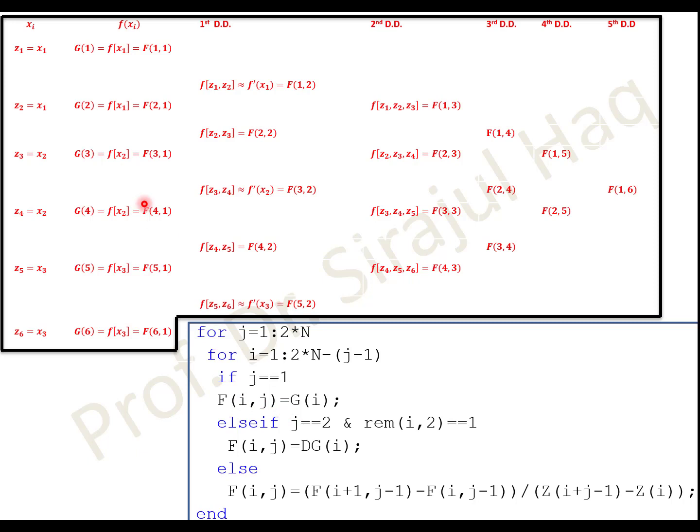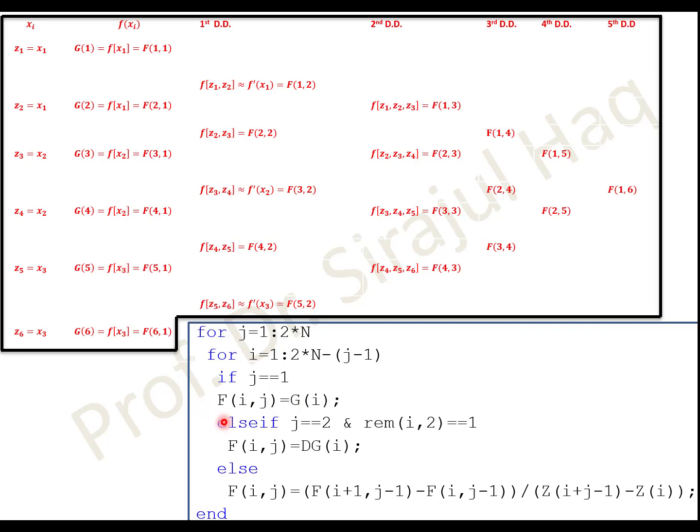f(3,1) is equal to g of 3, which is equal to f of x2. And similarly, f of 4,1 is equal to g of 4, and g of 4 is equal to f of x2 again. So you can see this entry. And similarly, f of 5,1 is equal to g of 5, and g of 5 is equal to f of x3.